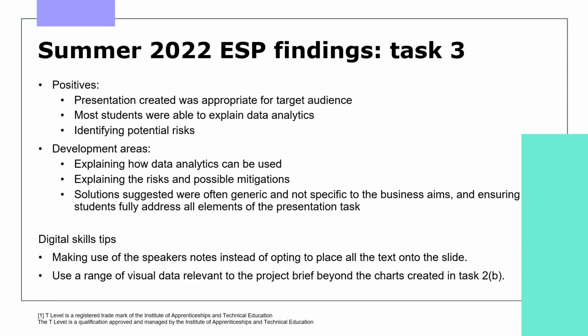That's quite a lot of information to contain on those slides, so being able to utilize the other tools is important. It would also be good to use a range of different ways to visualize the data, as it was also found that some students just used what they had done in task 2B and didn't do any other data visualizations. So it's good if that range can be included.